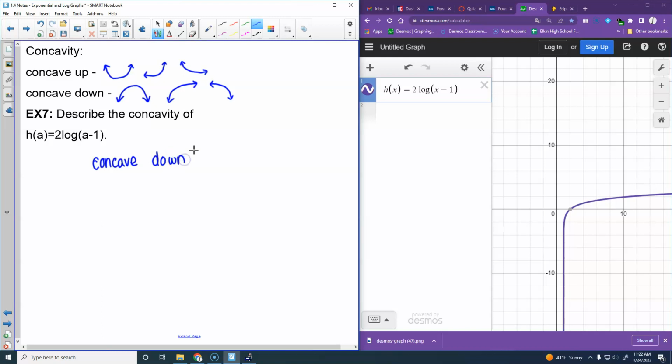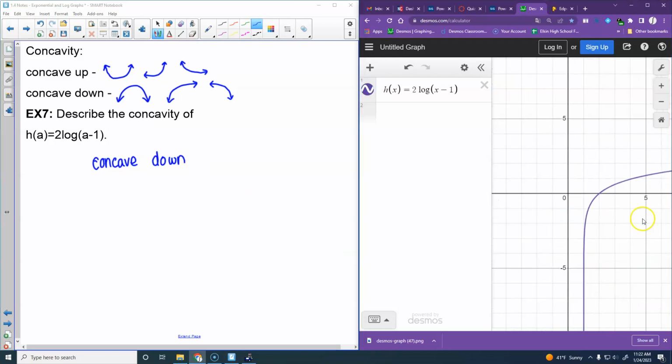And we've got to look at our domain for this. To the left, does it go on forever or does it look like it stops? Stops. Where do we think it stops? Okay, about 1. Let me show you how we can know for sure that it is 1. What did I tell you cannot have for logs and exponentials? Negatives, right? Or 0. So if I take what's on the inside right here, and I say a minus 1 equals 0, and then I add that 1 to both sides, a equals 1, is going to be the point where that starts to be 0, and I can't have those values below it.